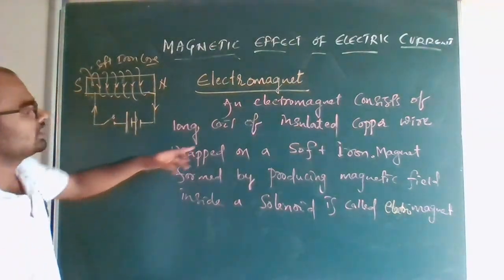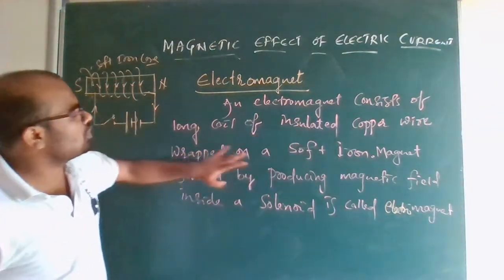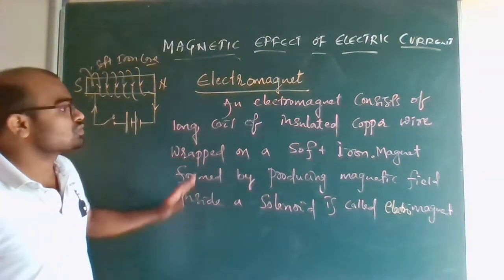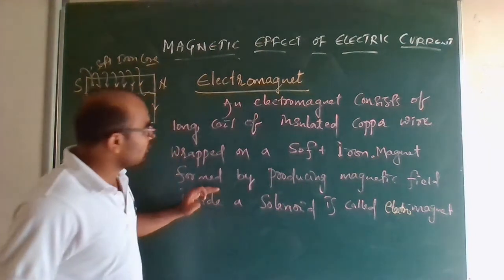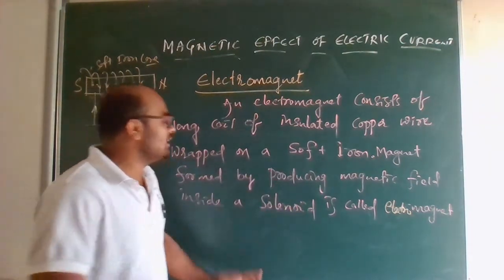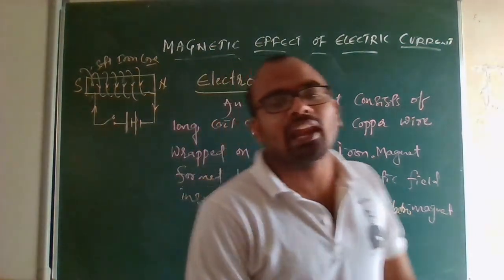So that is called insulated copper wire wrapped on a soft iron. So what is an electromagnet? A magnet formed by producing a magnetic field inside a solenoid is called an electromagnet.